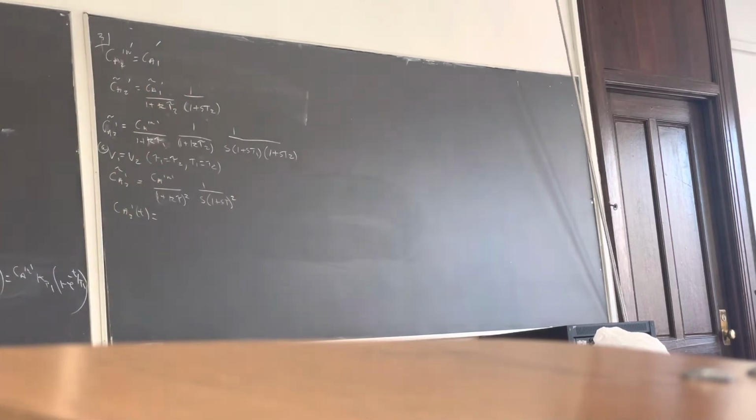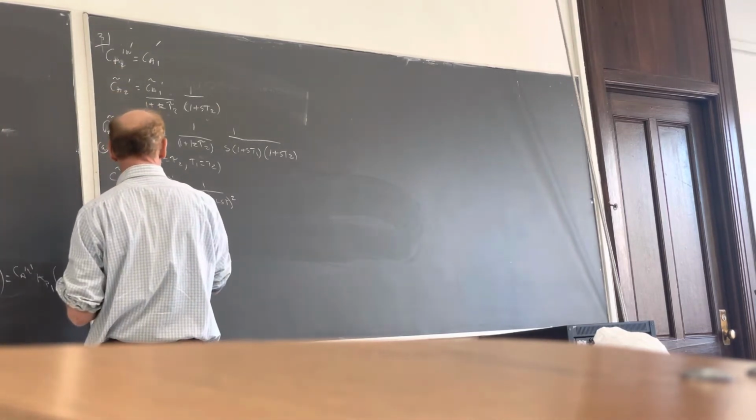Line 8. So if I look at line 8, with a equal to 0, the constants just come along to the right.